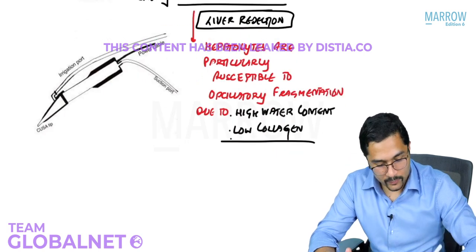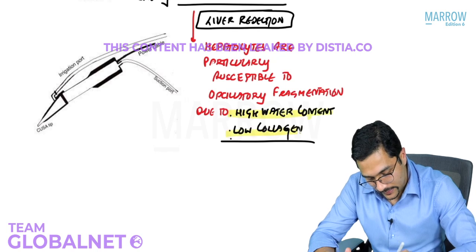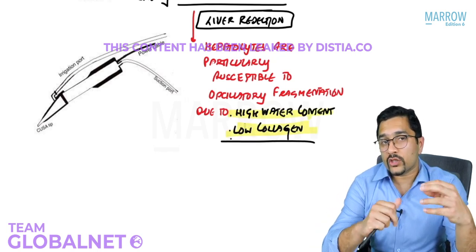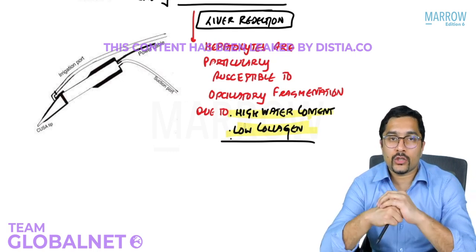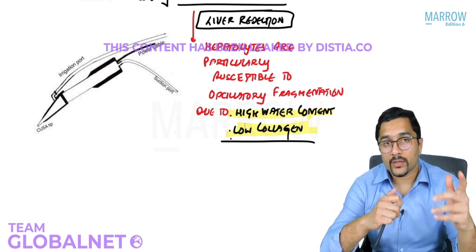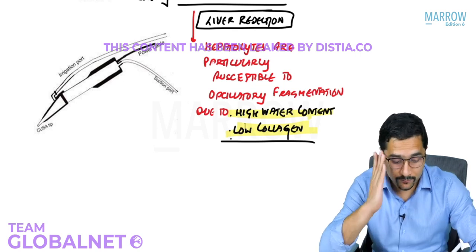So that is the beauty of CUSA, that it will act well on those tissues which have high water content, low collagen, and it can fragment the tissue and also seal up the vessels while doing this.